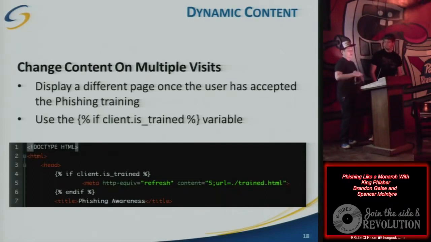So if we're just doing the low level, seeing if a user will click a link in their email and then they're redirected to an education page saying you've been phished, this is why it's bad, these are the steps you can take next time so you won't get phished. If they do that once, Kingfisher tracks it. If they try to visit that website URL again, it'll show a different page saying, okay, you've already been trained, move on with your day, essentially.